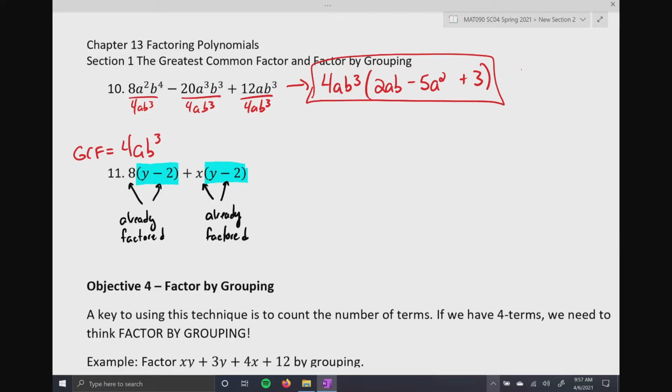Remember, factored means the multiplication of things. So that 8 times y minus 2 is already factored. The x times y minus 2 is also already factored.